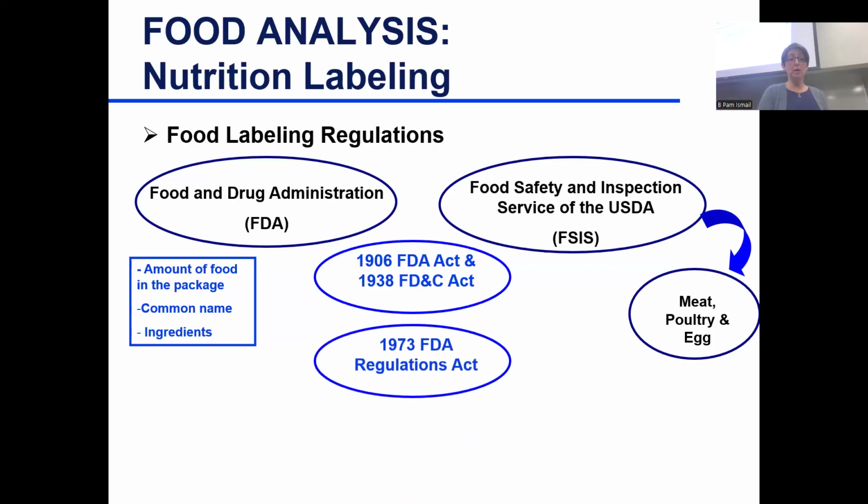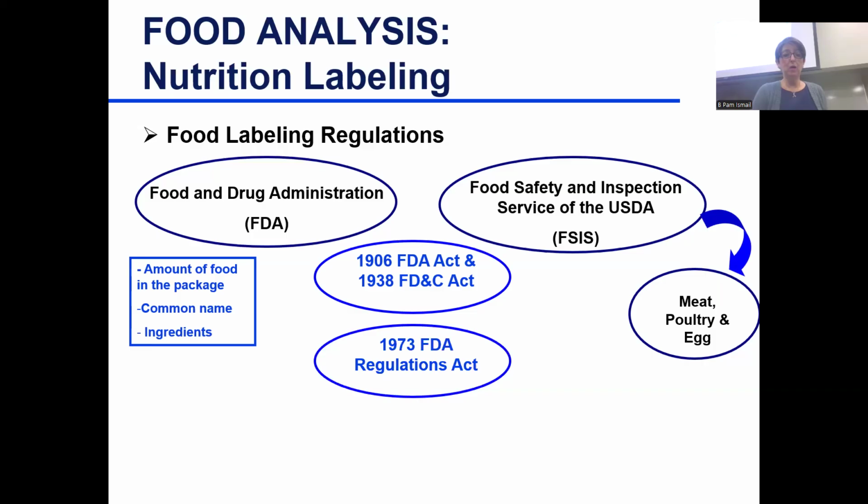But then there was an FDA regulation in 1973, a little bit of history, that required nutrition labeling for certain instances. First, are you making a nutrient or health claim, or did you fortify? So like you added calcium to orange juice, you have to put a nutrition label in that case.